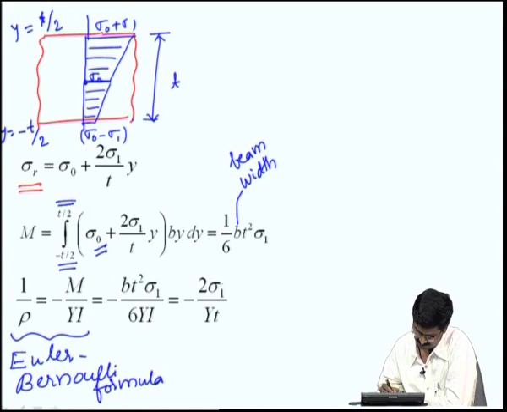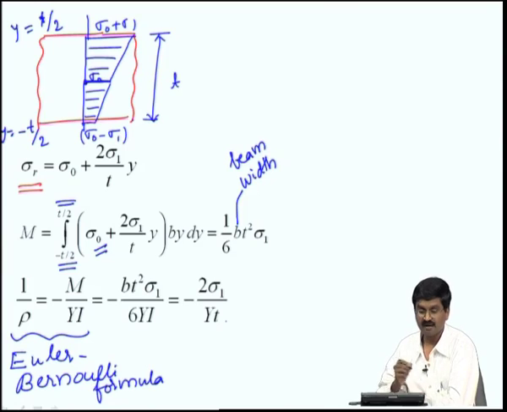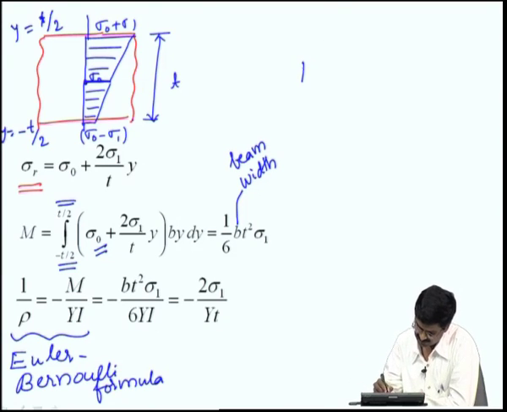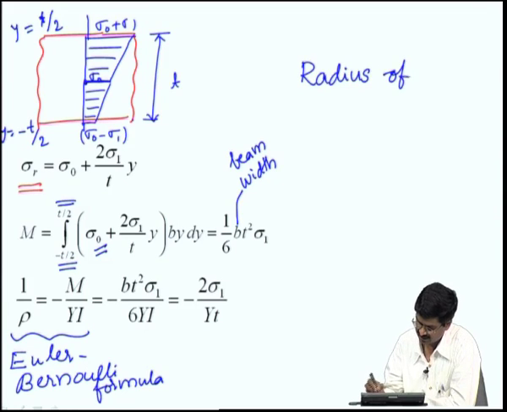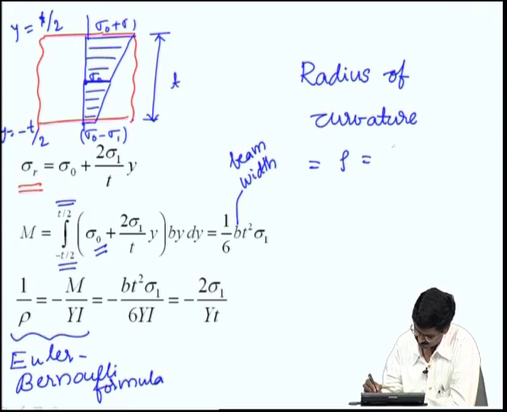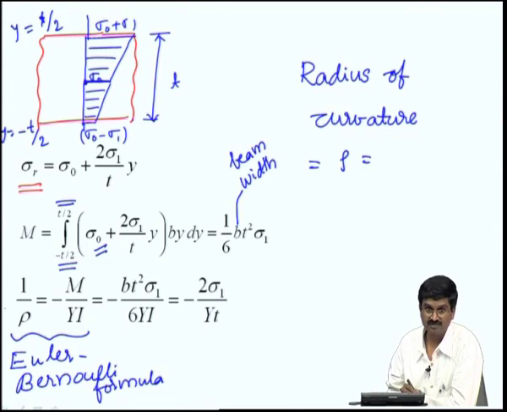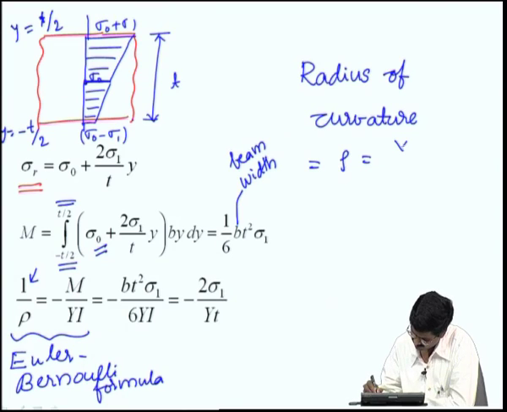When you do that and simplify, 1 over rho, where rho is the radius of curvature due to the residual stress gradient, is given by this quantity. In other words, the radius of curvature rho is going to be the reciprocal of this quantity, that will be E t by 2 sigma 1.